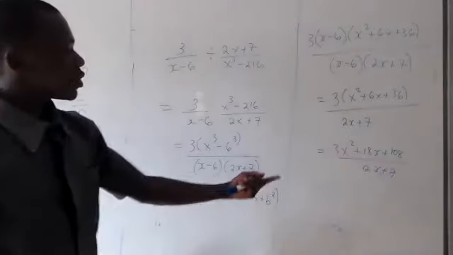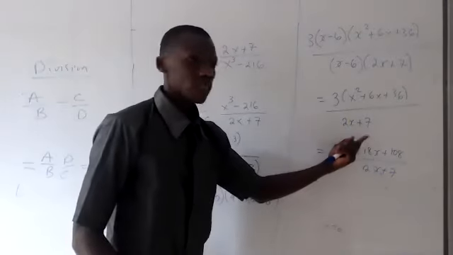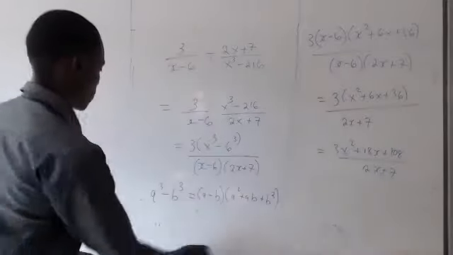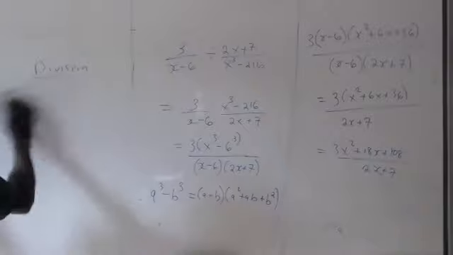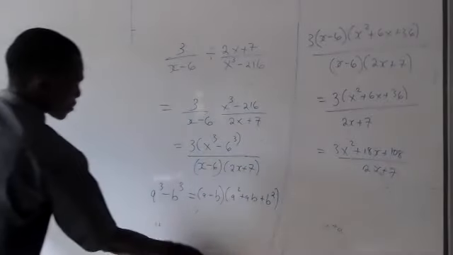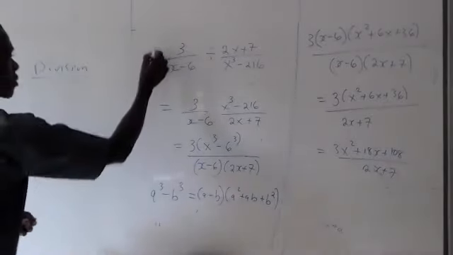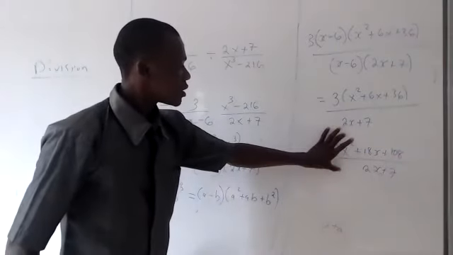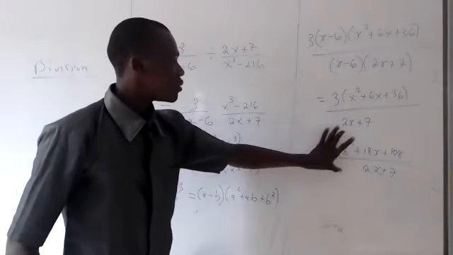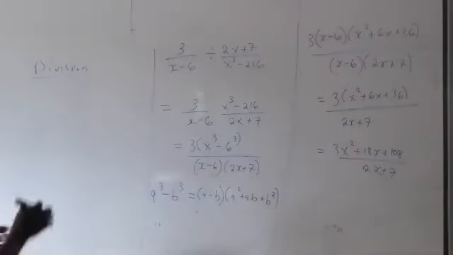We can divide because the denominator is linear and the numerator is quadratic. There's no problem if you leave the answer at this stage, but you could go ahead and divide.